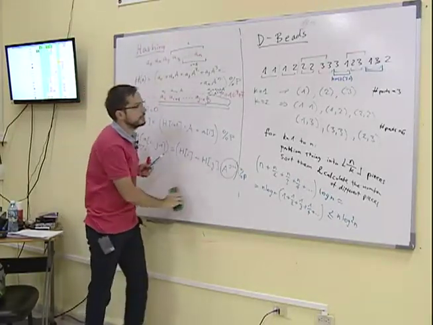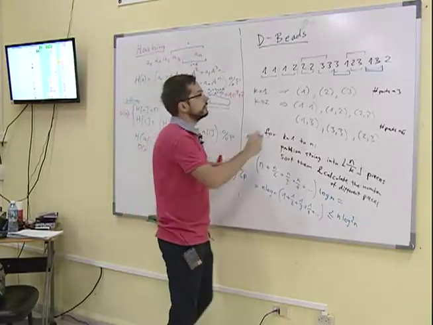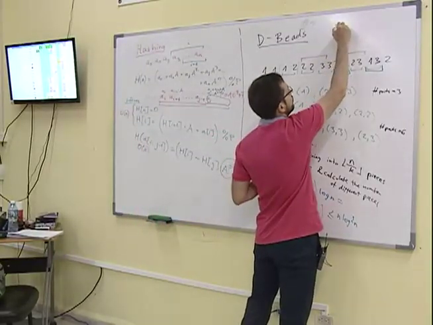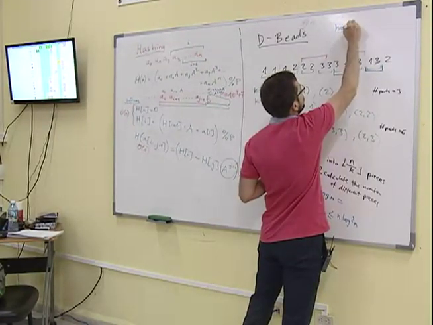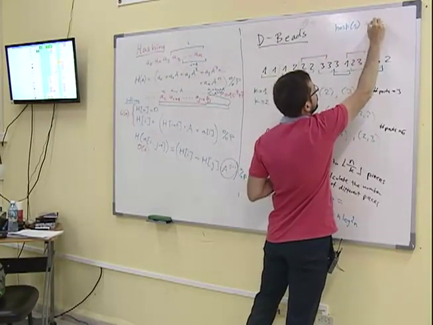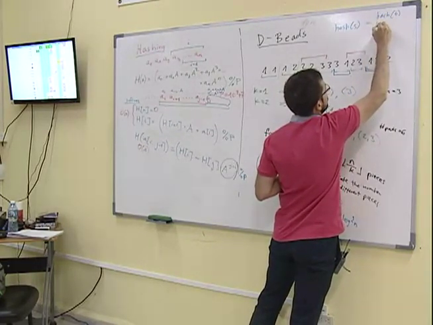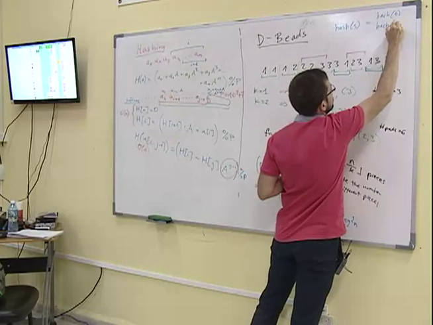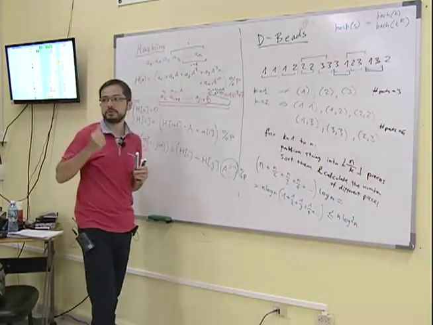So if you have any two substrings, we need to compare the hash of substring S to the hash of substring T, and also we need to compare it to the hash of substring T reversed, so the reversed word.